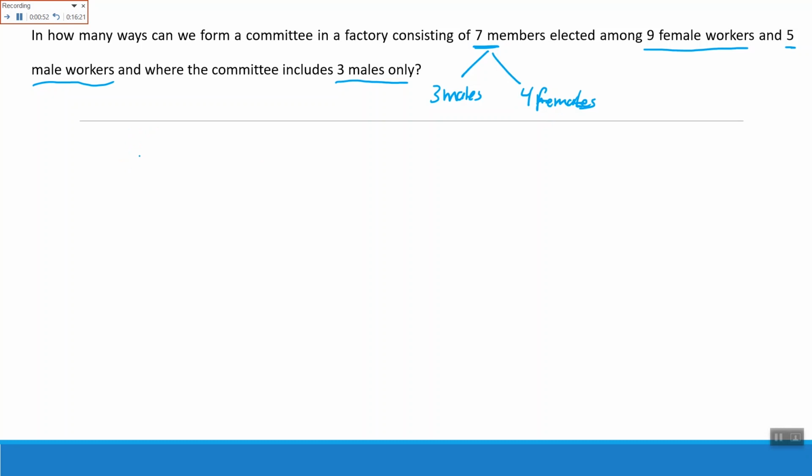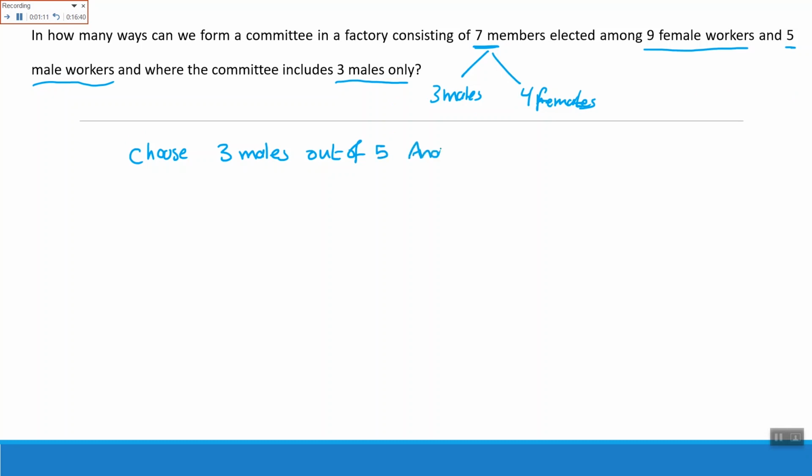So what do we want to do here? Do we want to arrange? Do we have an arrangement? No, we don't. We want to choose. What do we want to choose? We want to choose 3 males out of 5, because we have 5.